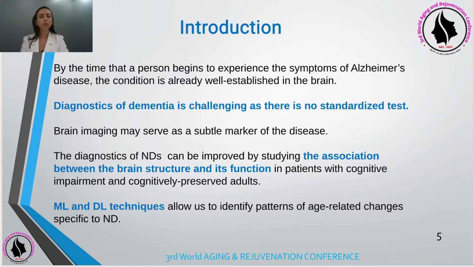So why don't we use both structure and function and use that association between structure and function to improve the diagnostics of dementia? AI, or machine learning and deep learning techniques, may help to identify patterns that are related to the changes specific to neurodegenerative disorders.